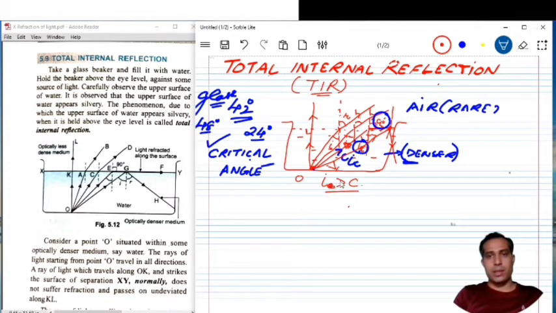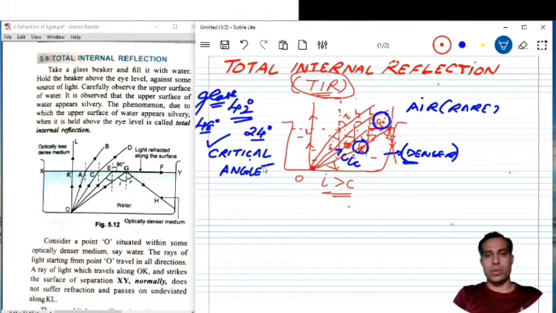Angle I is greater than angle C, the critical angle. Then the light ray will get reflected back into the same medium. The light will not go out. So this is the case of total internal reflection, called TIR.